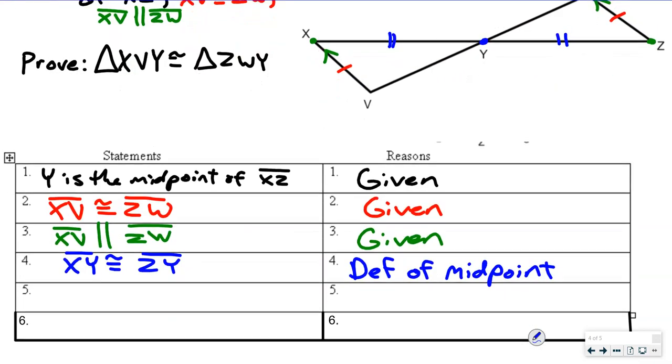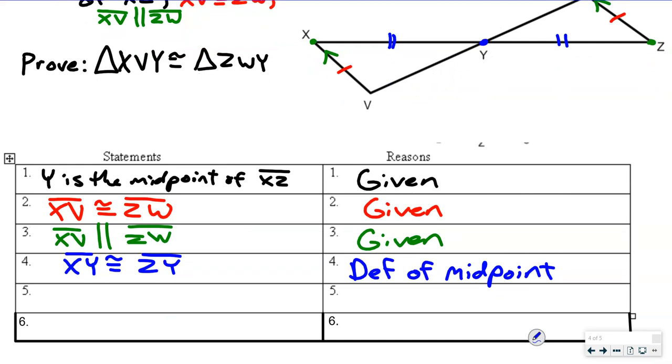So now back to what I was asking about. Is there any way we can show that the angle there at X and the angle there at Z are congruent? We know that those two lines there, XV and ZW, are parallel. So if we imagine those going on forever as our parallel lines, and then XZ being our transversal, we would see that they're alternate interior angles.